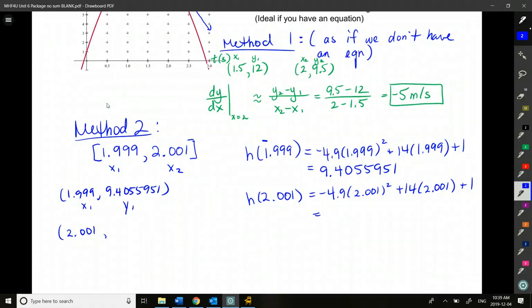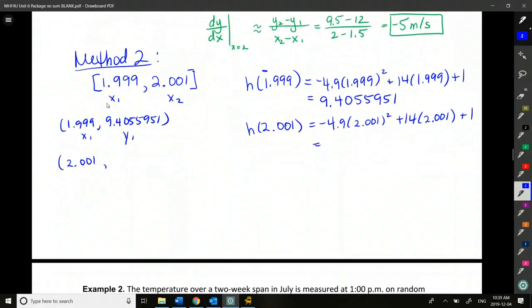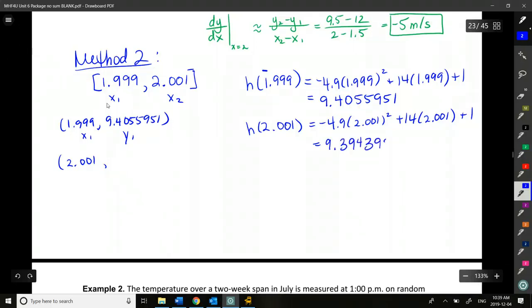Okay, let's calculate that second one there. Alexandra? 9.3943951. Awesome. So we'll use that for our second point here. That will be our x2, y2.